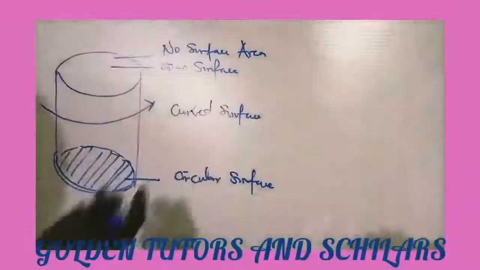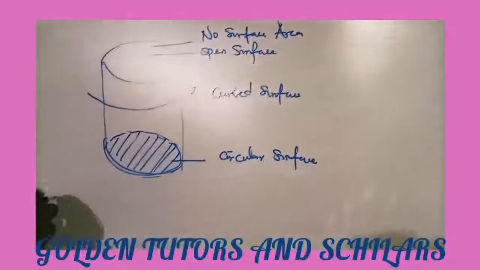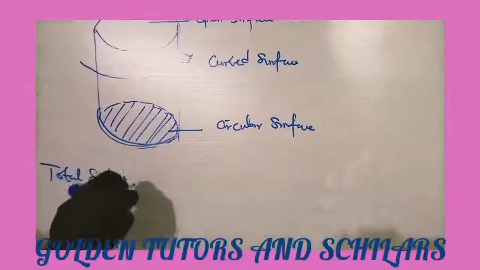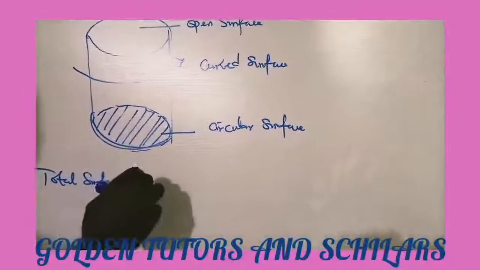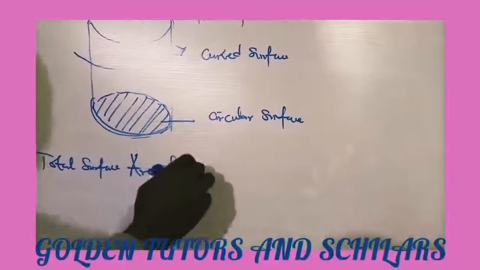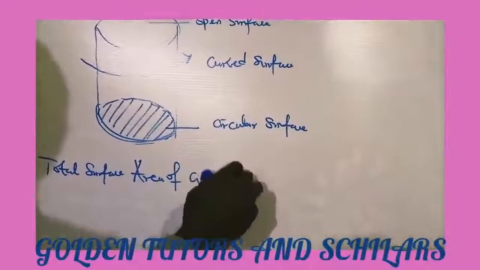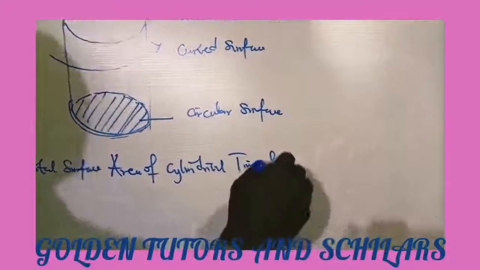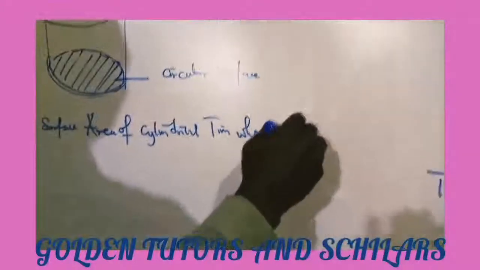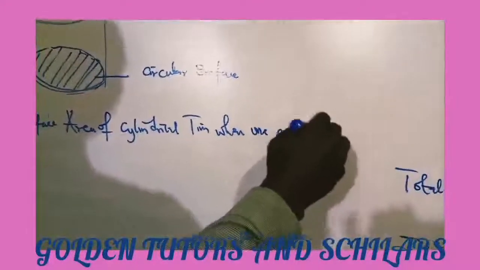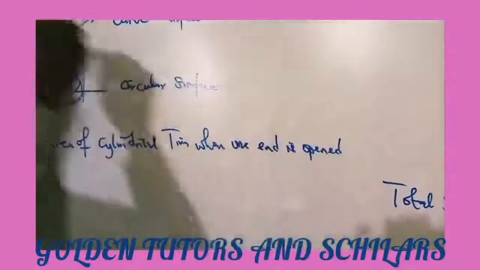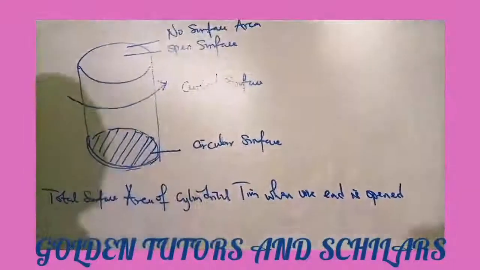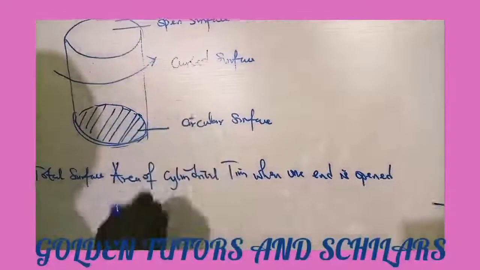So to calculate the total surface area of the cylindrical thing when one end is open, that is when this is the open surface with no surface area, we are going to have the curved surface.